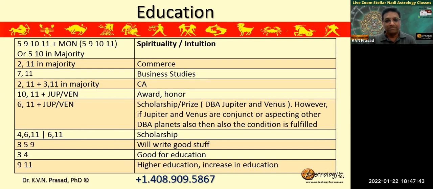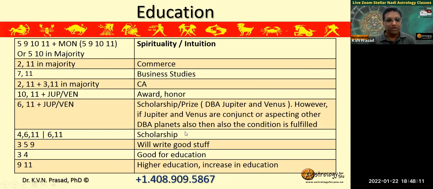Okay. Say for example, this says scholarship, right? You see here scholarship, DBA, dasha bhukti antar. So DBA should be Jupiter and or Venus. But if Jupiter and Venus are conjunct or aspecting each other, DBA planets also, then the condition can be fulfilled.